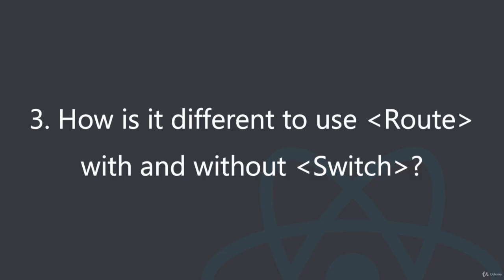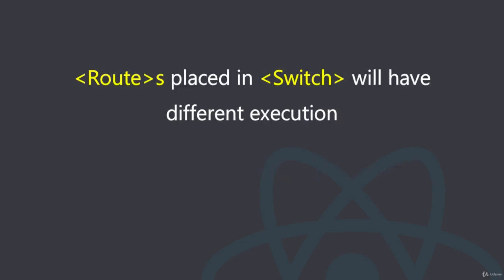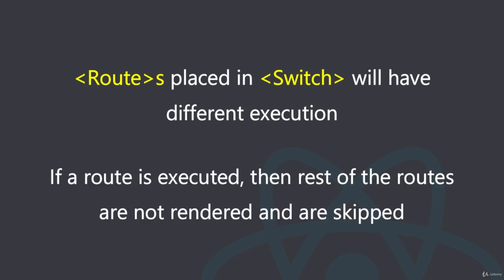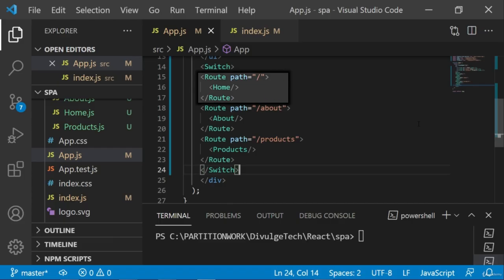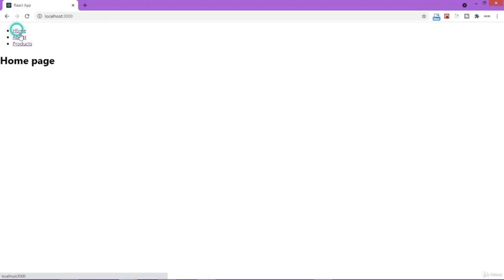The third question is, how is it different to use route with and without switch? Routes placed in switch will have different execution. If a route is executed, then the rest of the routes are not rendered and are skipped, as we see in this example. This also means when you are putting a switch, it is like a switch case.